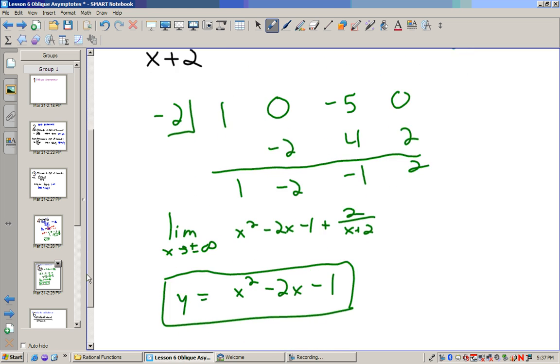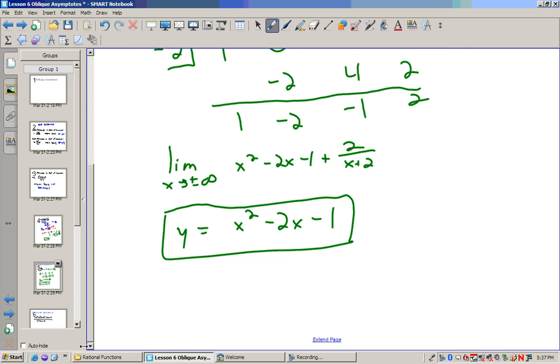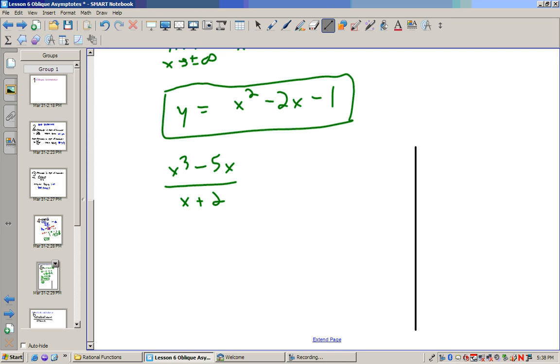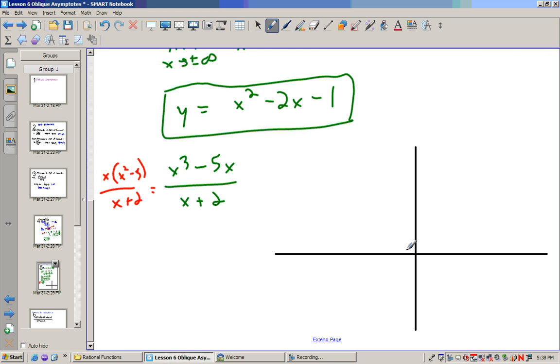So our function, maybe we should draw this one out. That's a good idea. This is x cubed minus 5x over x plus 2. If I looked at this graph, we know that if I factored the numerator, it would be x times x squared minus 5. So we know it has a zero at 0.